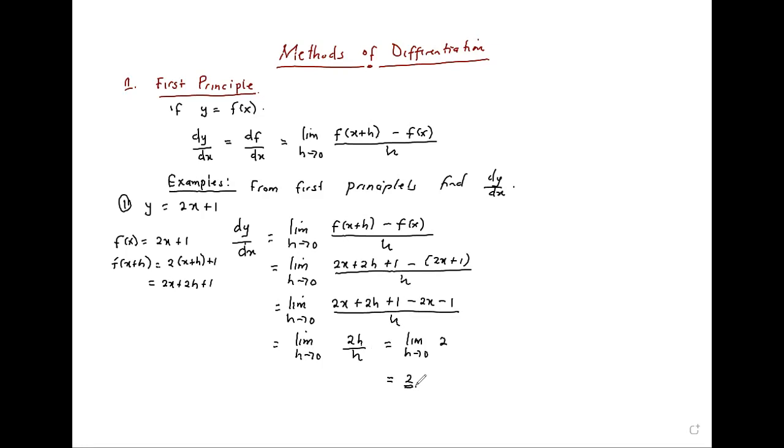Then we go to example 2, just an advancement. Example 2, we are just following the whole question 2. y equals x3 plus 3x squared minus 2.